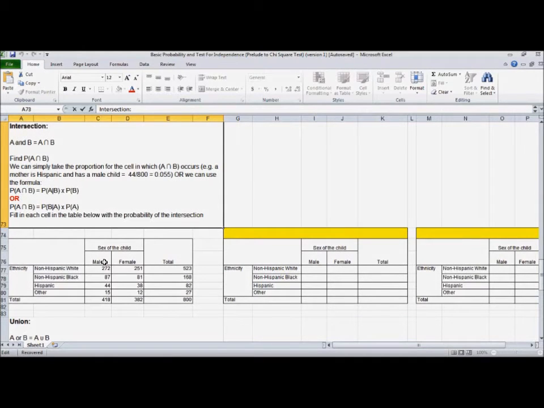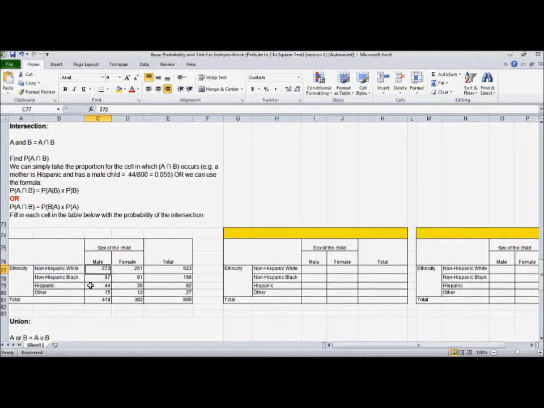Now how do we work with intersection if we have a contingency table, which you will have on your exam? You can simply take the proportion in which A and B occurs, the cell, the intersection. So for instance, let's say A indicated that a mother was non-Hispanic white and B indicated that a child was male. What is the intersection of those two events, the probability of A and B?